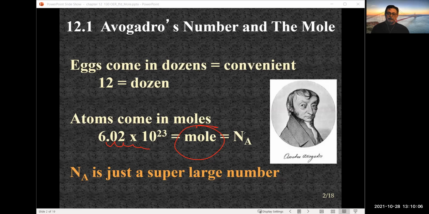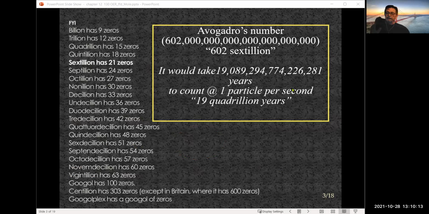Okay. All right. So we have Avogadro's number here, a humongous number. Just how big is that number? It is 602 sextillion. So if you look here, the 1 billion mark is sitting right here. This is 1 billion, 1 with 9 zeros, okay?